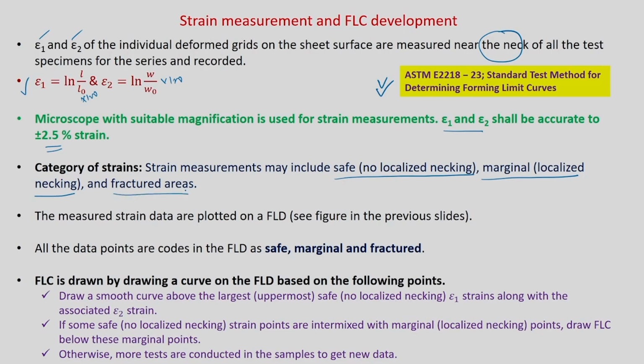And then the fracture region, which means regions much beyond your localized necking. These 3 strains have to be separated out clearly. The safe and marginal ones are very important, because we have to stop the test and measure forming limit strains when it is necking. So you have to measure epsilon 1 and 2 in all those 7 different widths, for example, and categorize them into these 2 important categories, safe and marginal.